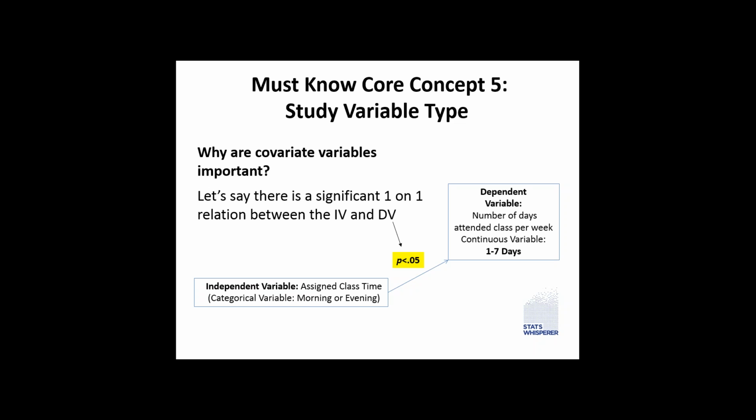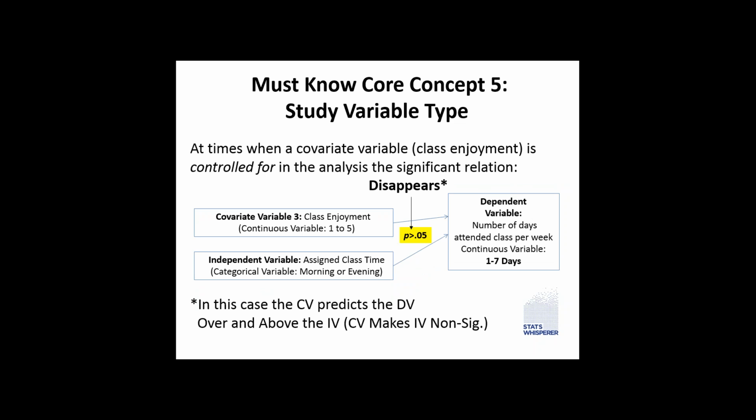However, if we're doing, say, a multivariate procedure like regression, and we decide to control for a covariate such as how much you enjoy that class, all of a sudden you'll see the less than sign becomes greater than 0.05. What does that mean? That means there's no longer a significant relationship between assigned class time and attendance.